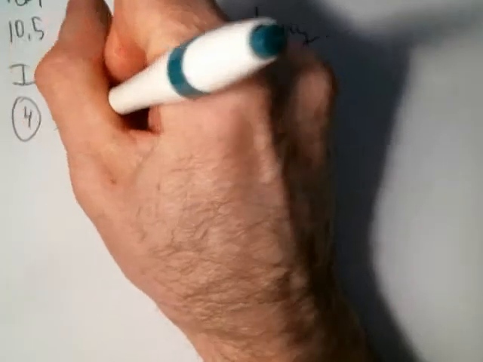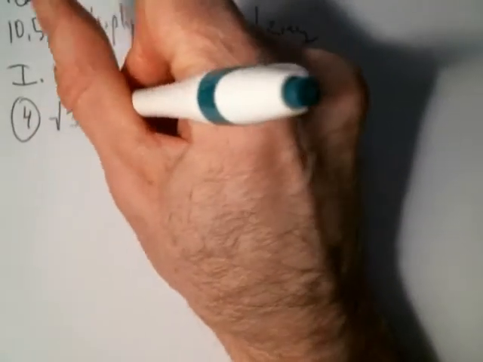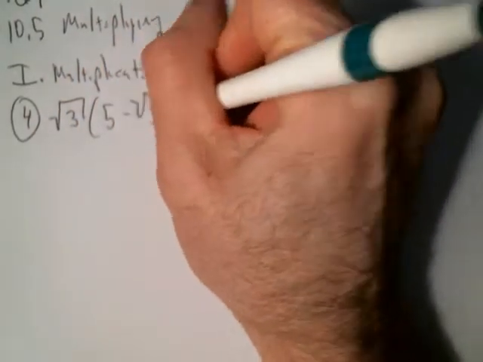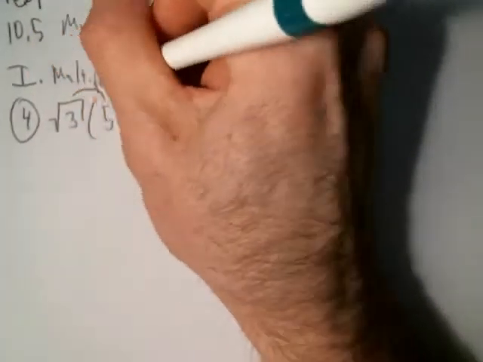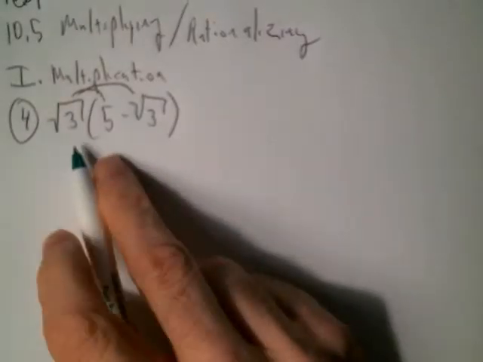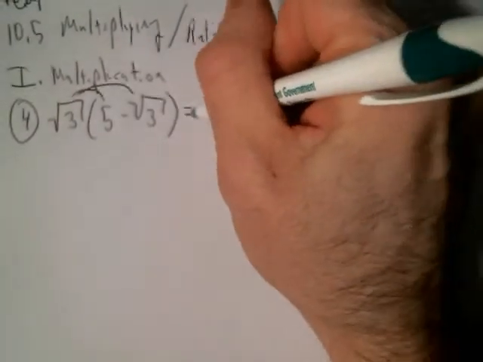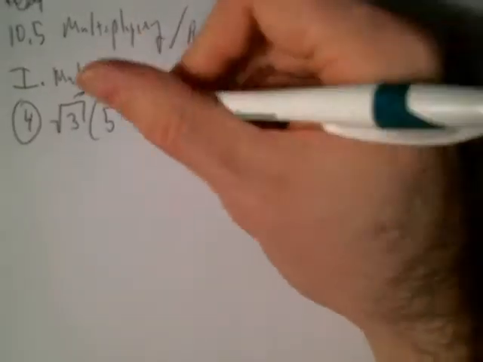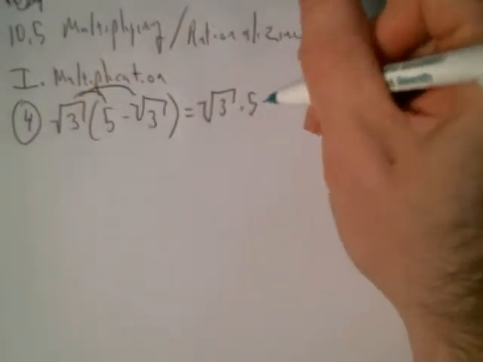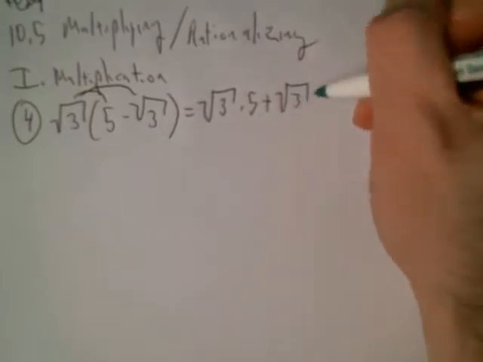So for problem 4, we have radical 3 times 5 minus radical 3. Okay, so we want to distribute. So it'll be radical 3 times 5, and then radical 3 times negative radical 3.